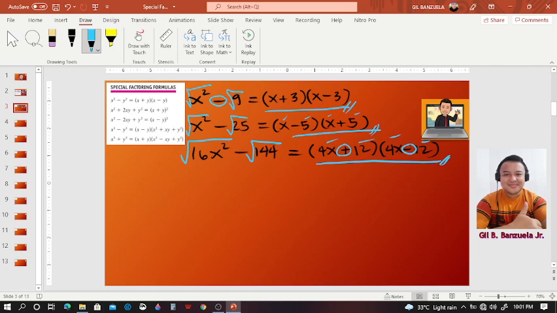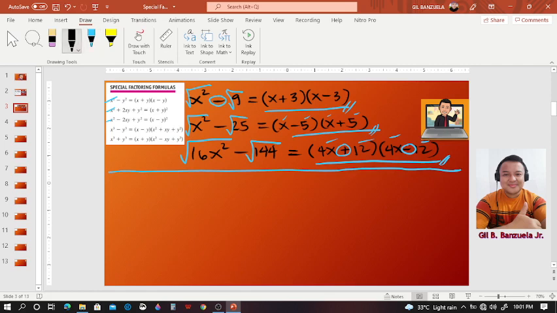Okay, so we are done here. So let's proceed on these two. So perfect square trinomials. Some books use letters a and b instead of x and y. So let's see.